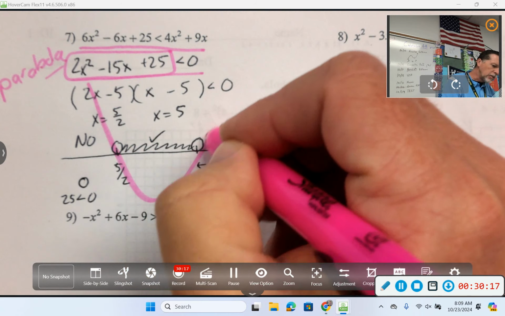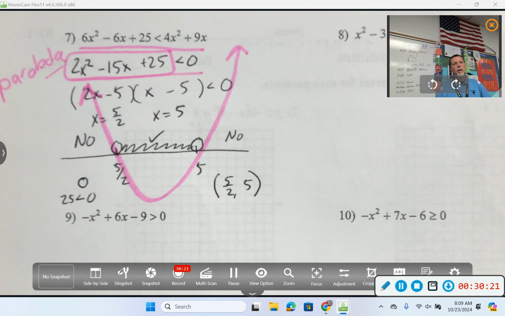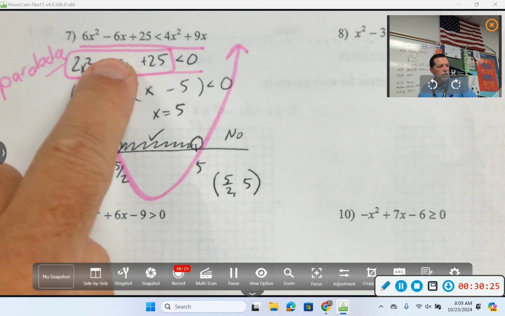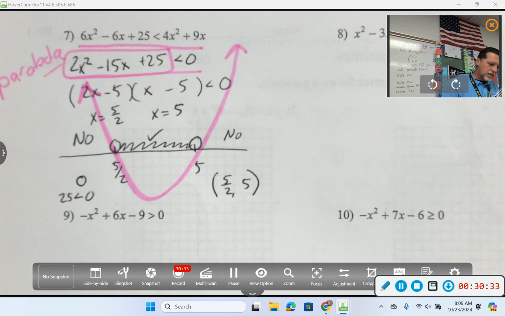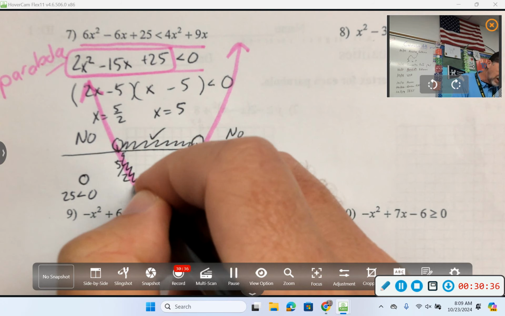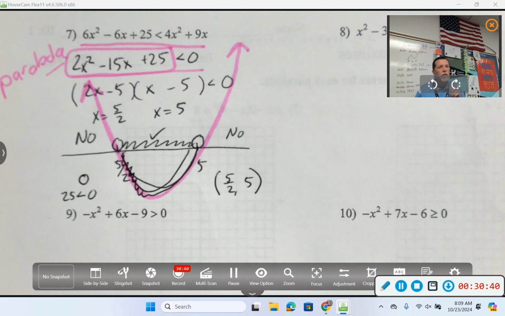And you found the zeros of the parabola, and you want to know where my parabola is below 0. My parabola is below 0 between, right? There's where it's below 0. So the other way gets you out of testing intervals.